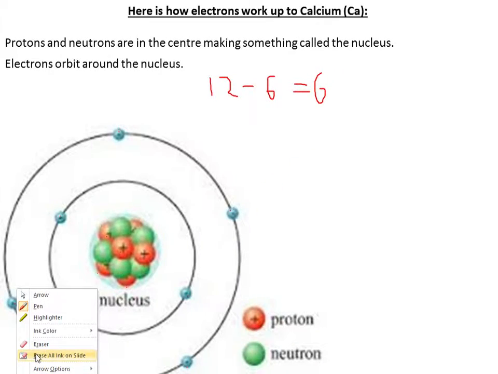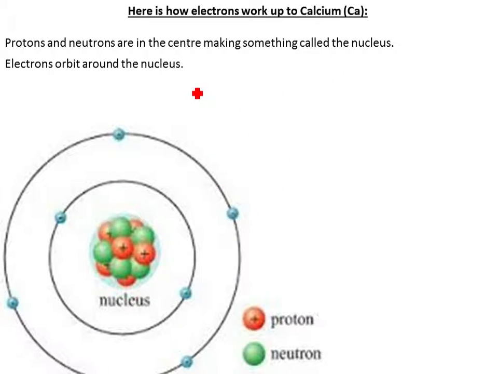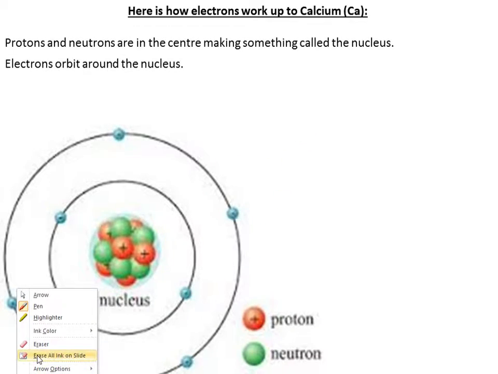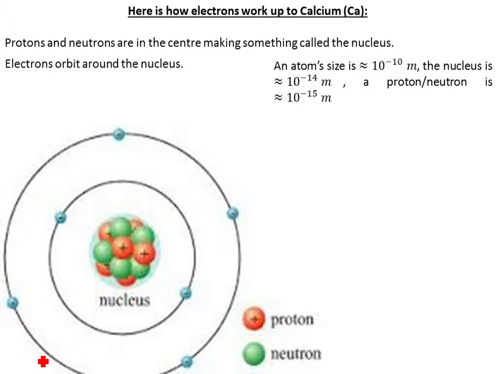And sometimes I like to call carbon the devil's element, because it's got 6 electrons, 6 protons, 6 neutrons. Just a little joke.